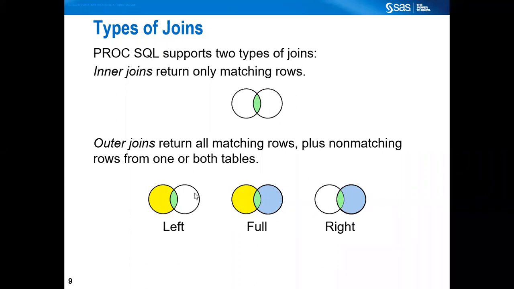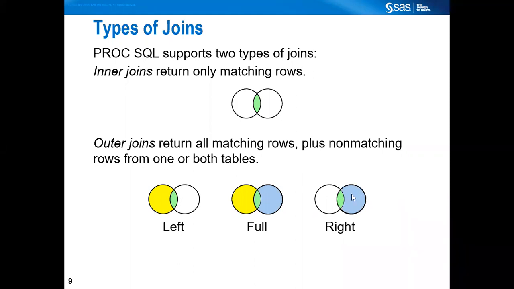If you look at this diagram, left join means you select not only the matching rows but also the non-matching rows from the first table. Here the table is aligned to the left side of the diagram, hence it's called a left join. Here you select non-matches and matches from both tables, hence it's a full join.